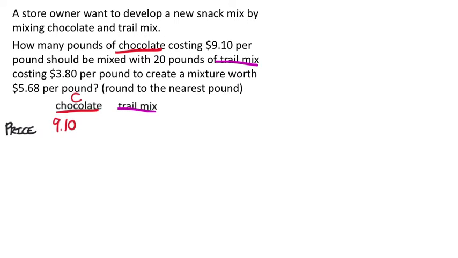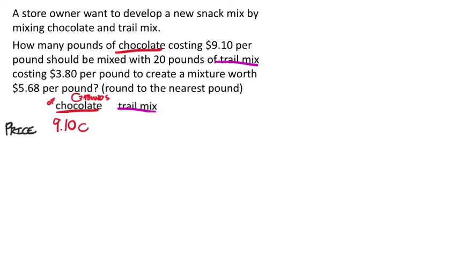That's for every pound of chocolate that's used. So I would multiply that by C, which I'll define as pounds of chocolate. So $9.10 times the number of pounds of chocolate would tell me the price of just the chocolate part of it.